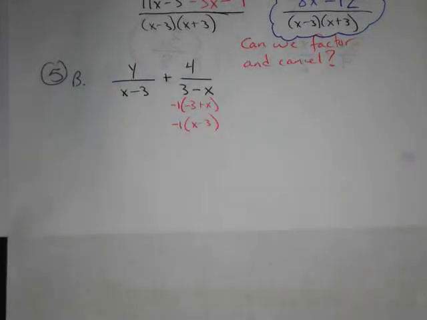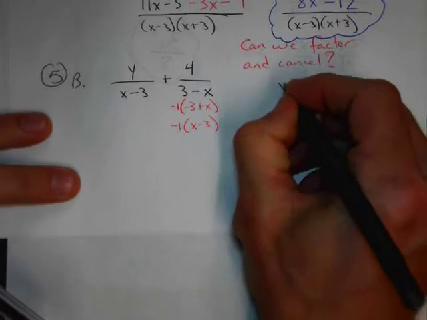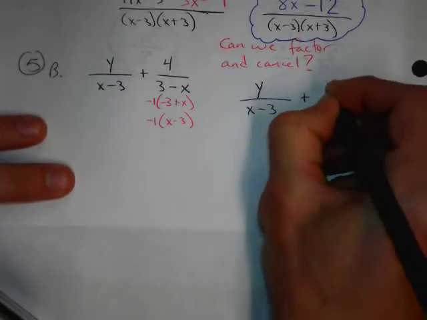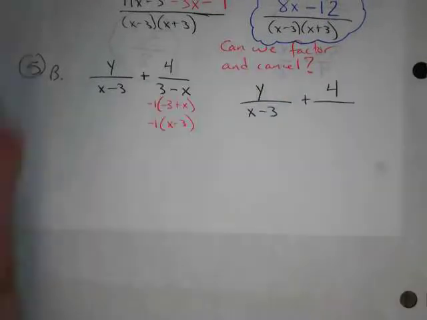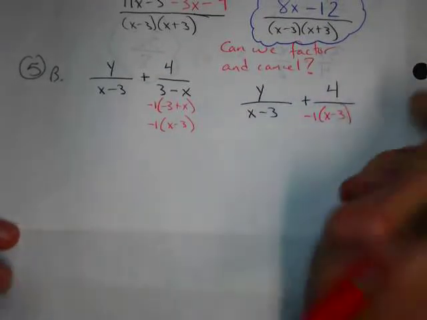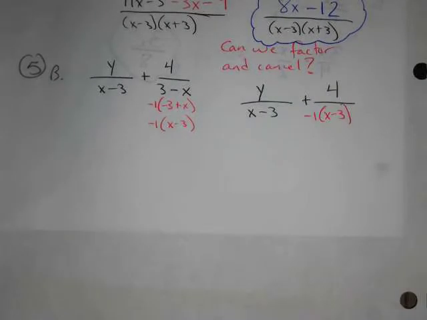So check this out. I'm actually looking at the following addition problem. I'd have y over x minus 3 plus 4 over -1 times x minus 3. So it's almost the same denominator.